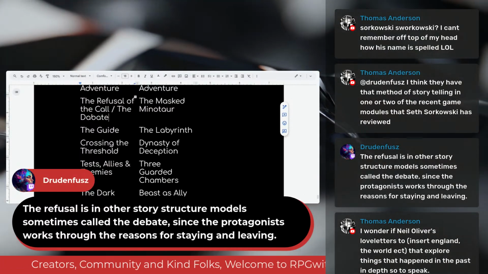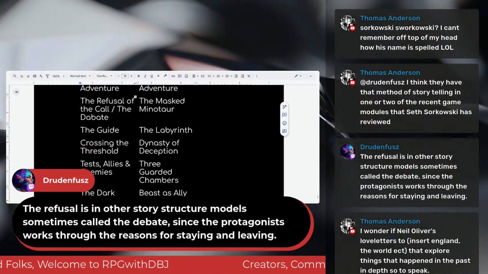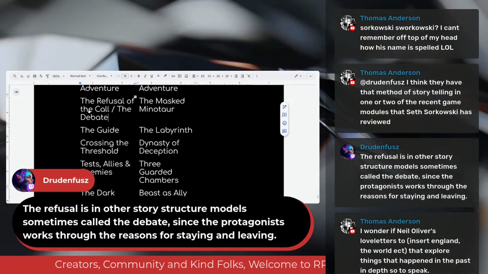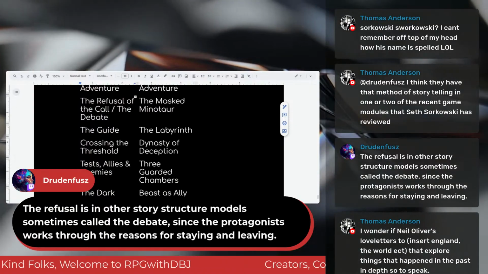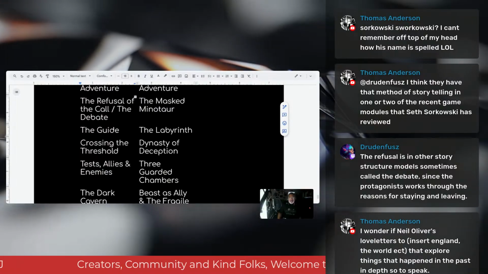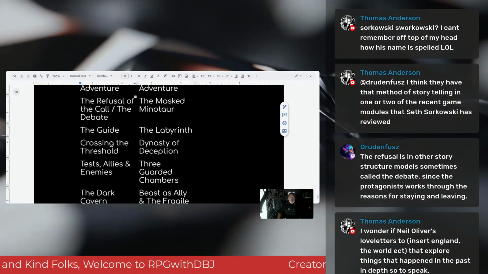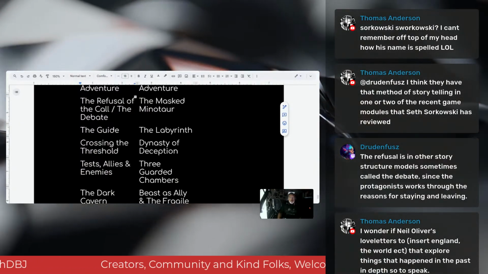It's the Ocean's 11, let's explain the heist. Sometimes that can also be part of the refusal of the call, debate. There we go. It can also be that, where it's like, okay, what's happening in this Mission Impossible movie? Okay, listen, guys. Here's the thing that's impossible for us to do, and now we got to work our way through it.